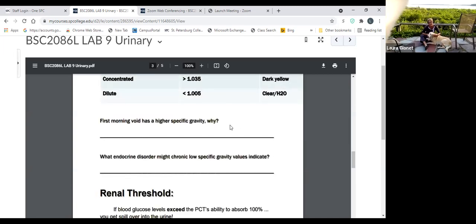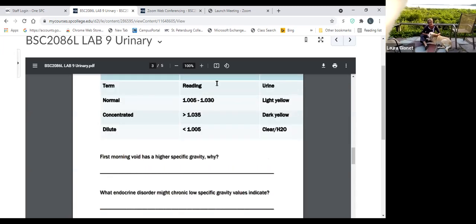There was something else I was going to mention about the specific gravity. What I wanted to say was we're not really going to be looking, unfortunately, at the chem strips that you use, but for the chem strips, you can have varying numbers of reagent pads on there that are testing for the presence of different things that could be in urine.